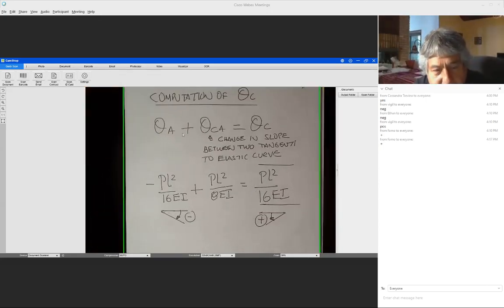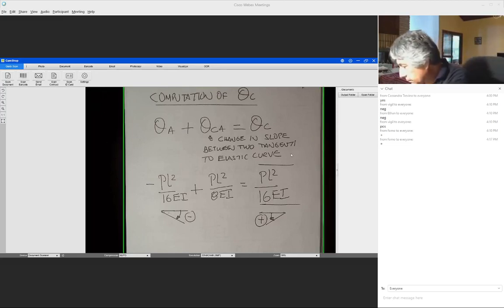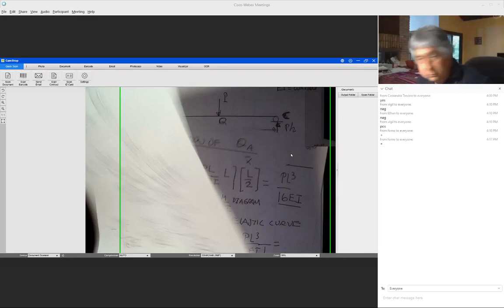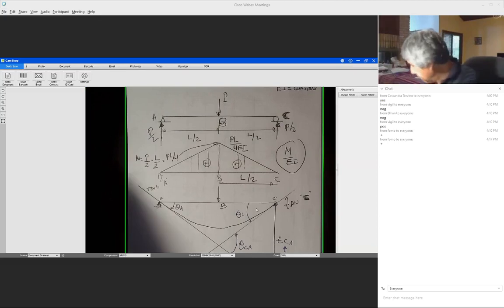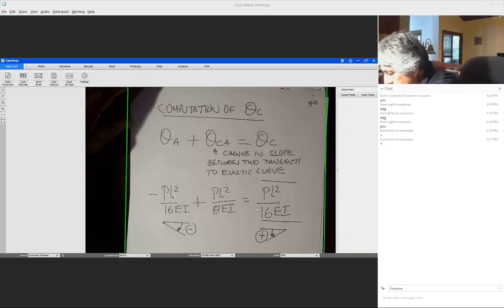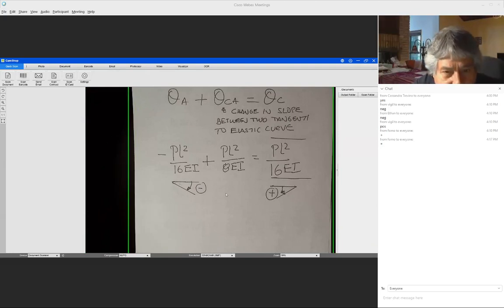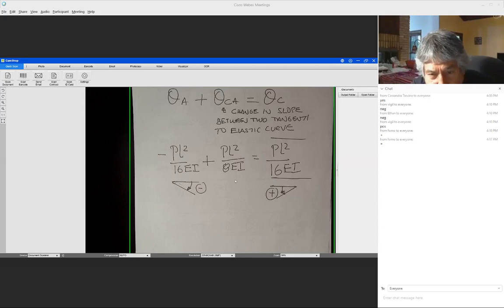Theta A plus the change in slope between the two tangents, theta CA, gives the next angle, theta C. Theta A we computed on the previous page, and you said it was negative. Theta CA we just computed as PL squared over 8EI. So theta A plus theta CA gives me theta C.